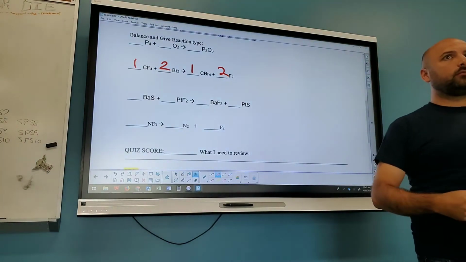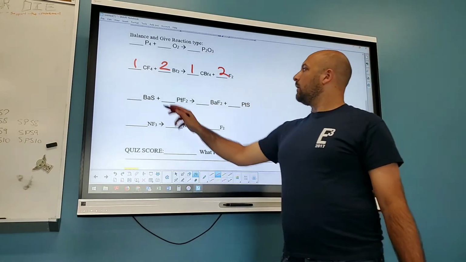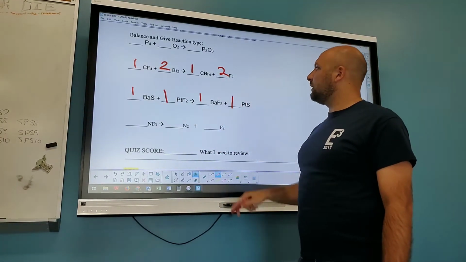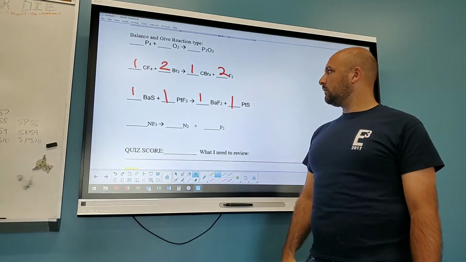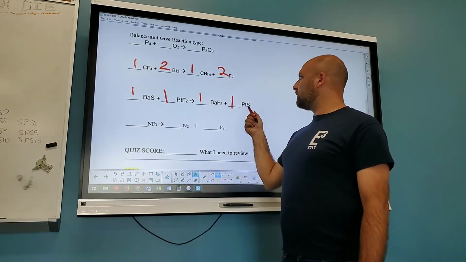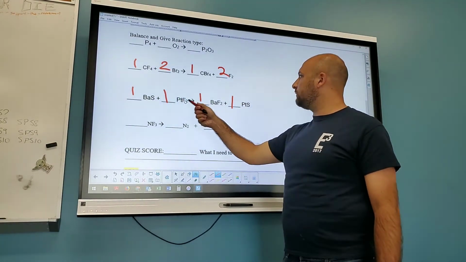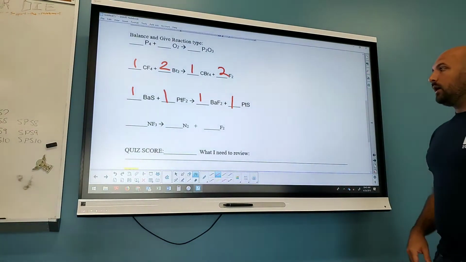What about the next one? 1, 1, 1, 1. Is that right? It should be. I have 1 barium, 1 sulfur, 1 platinum, 2 fluorines on each side. Yep, that's 100% balanced already. Very good.